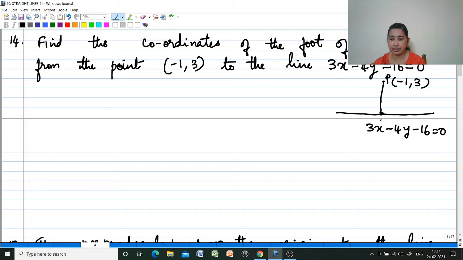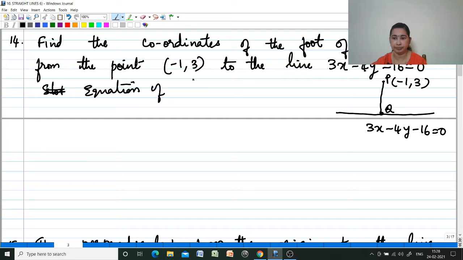So notice that this is Q, because the slope of PQ will be the negative reciprocal, that is the reason.